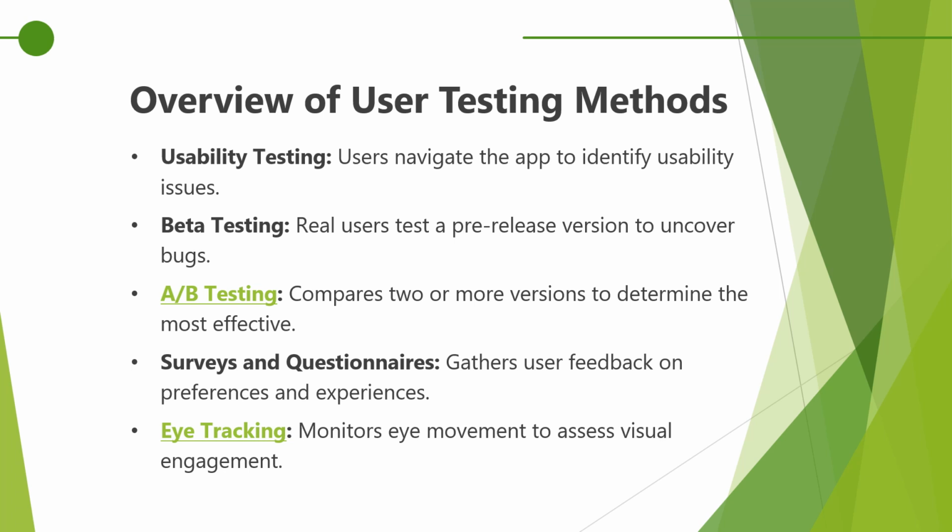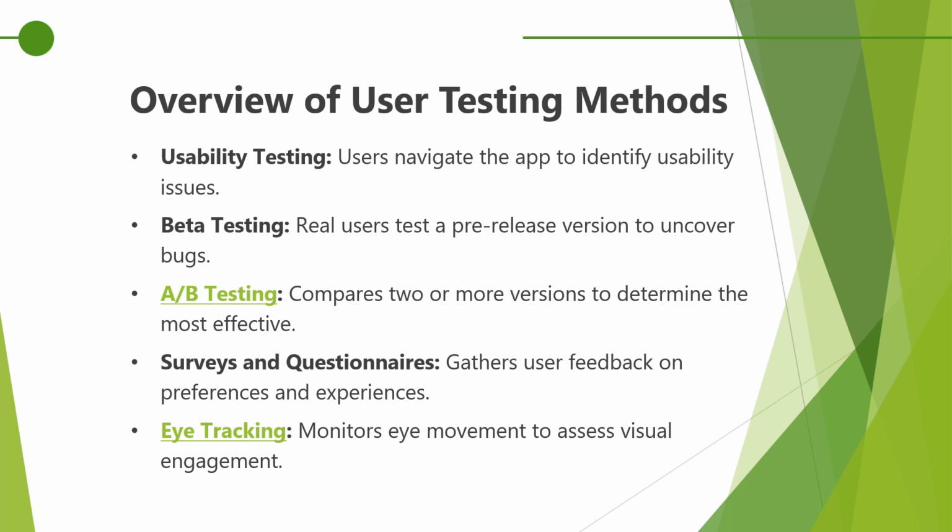Now, A/B testing, this is where we have multiple versions of an app and they're compared by dividing users into groups, helping identify which version performs better in terms of user engagement, conversions, and other predefined metrics.